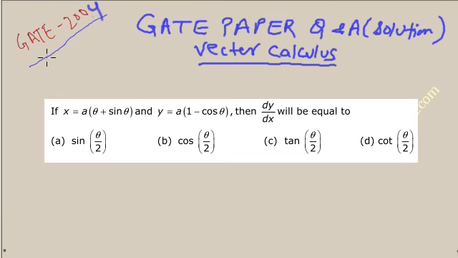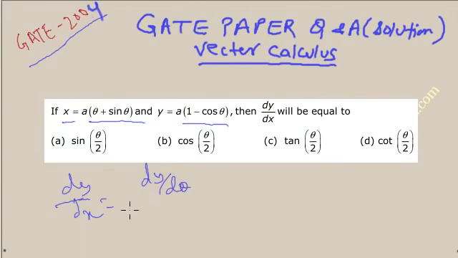This is the question from GATE 2004, where x is equal to this and y is equal to this. Then dy by dx is required. You can write dy by dx as dy by d theta divided by dx by d theta.